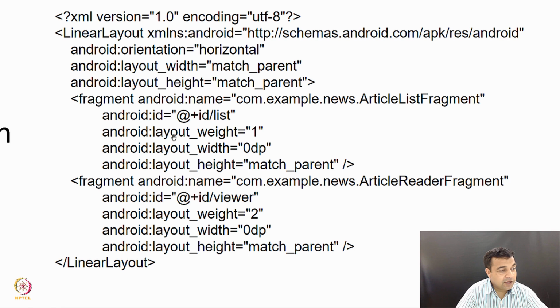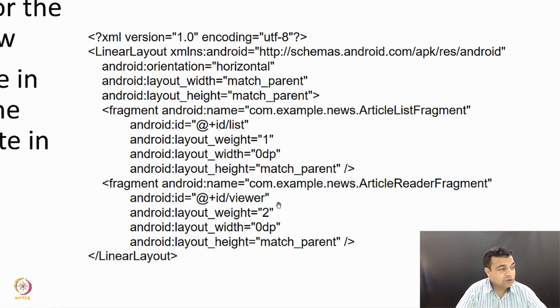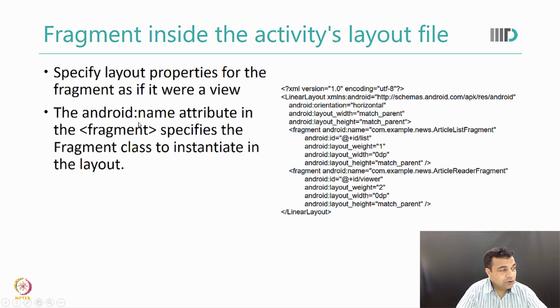Now one of the fragments may be displaying a list, it looks like by the name, while the other fragment may be displaying details of a particular item in the list. Now let's go back. So here is what we have discussed. The Android name attribute specifies the fragment class to instantiate in the layout.